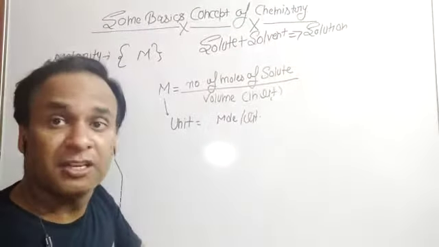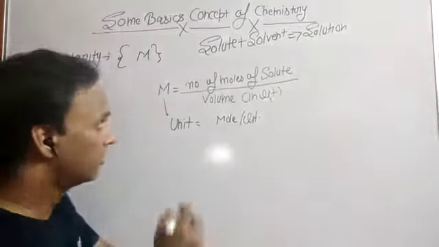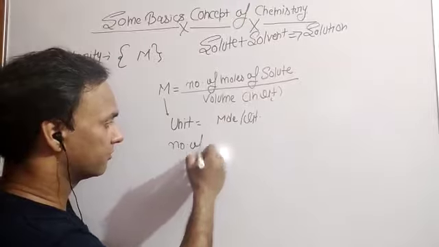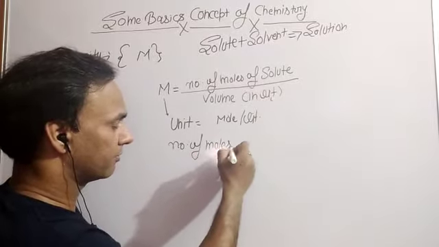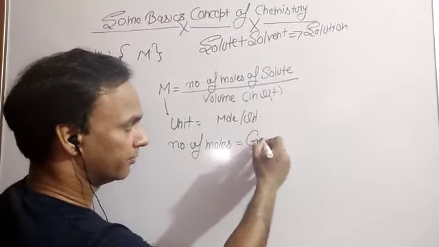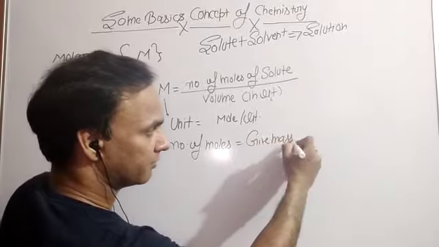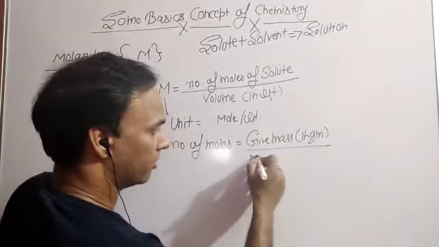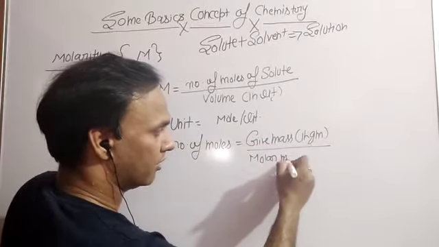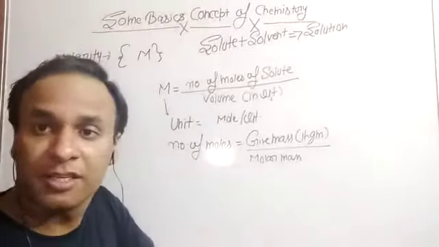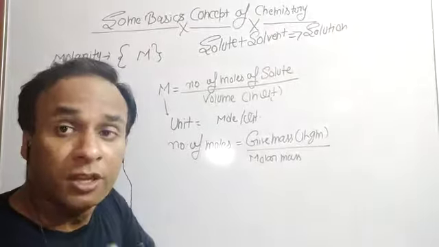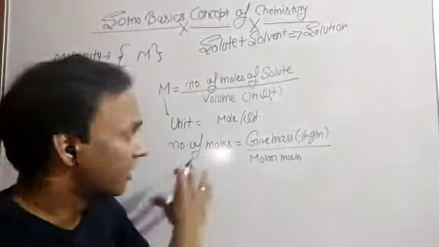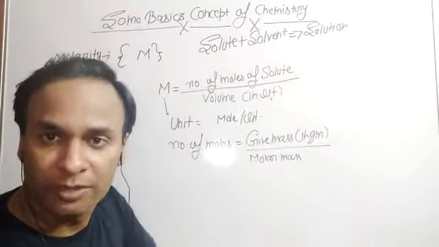We know that the number of moles is equal to given mass in gram upon molar mass. Molar mass is used in the case of molecules. When we have to find the number of moles of atoms, we use atomic mass.